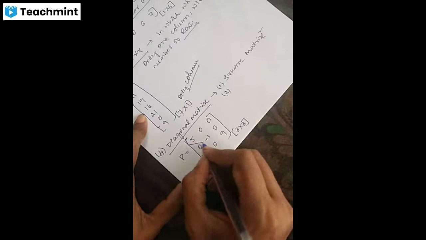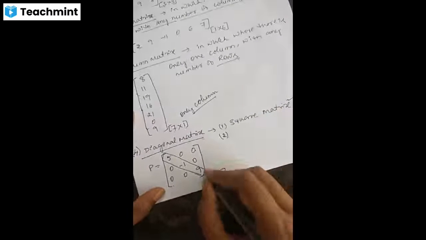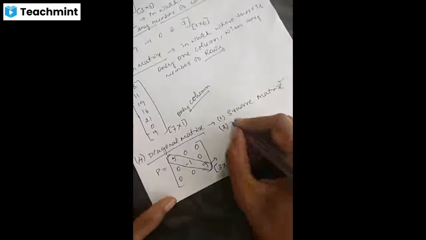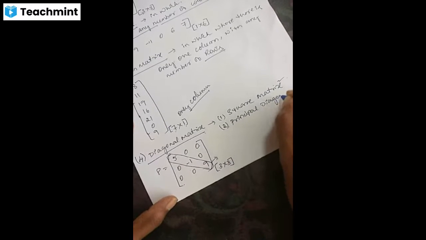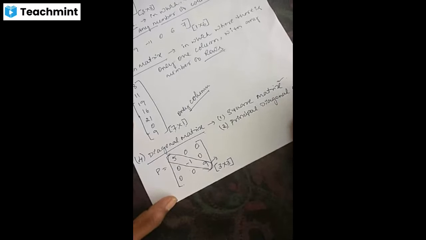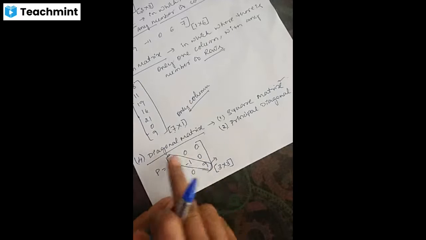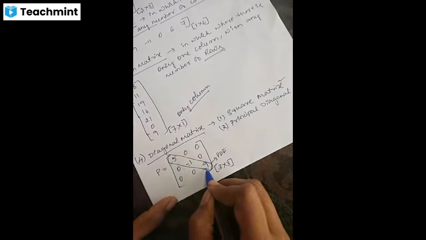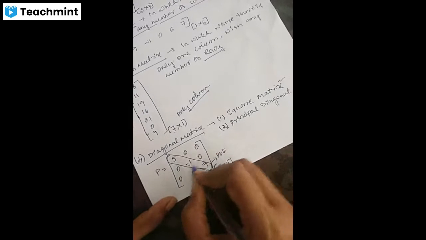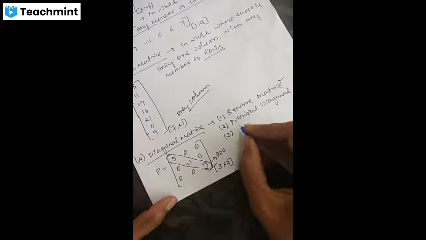And the second condition is that these elements are considered principal diagonal elements. Are you all following? 5, minus 1, 9 are said to be principal diagonal elements. Except these principal diagonal elements, all the other elements should be equal to 0.